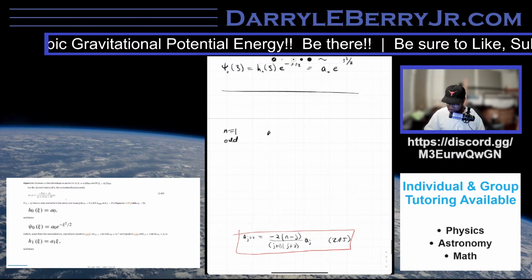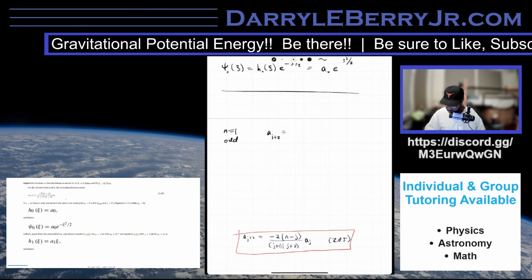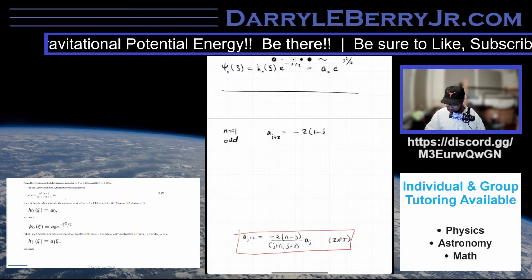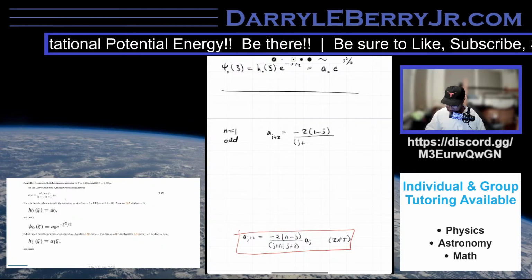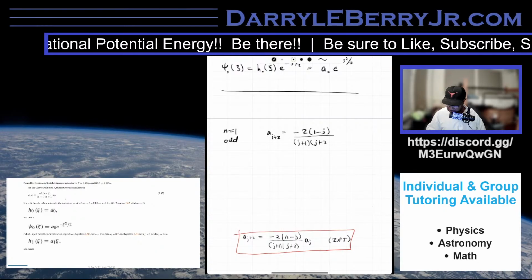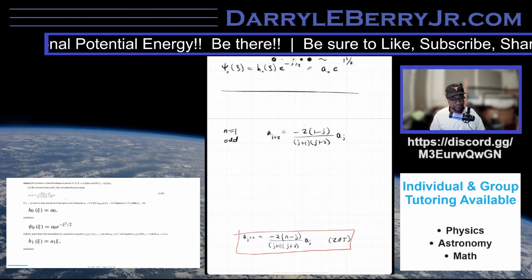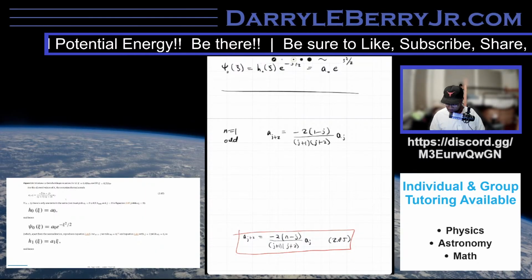We have a(j+2) equals -2(1 minus j) over (j+1)(j+2) times aj. n equals 1.